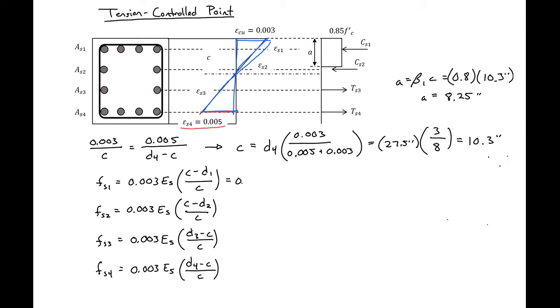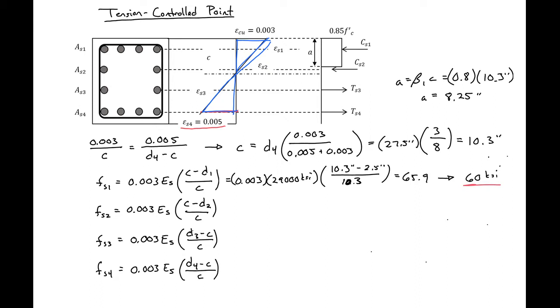So our first layer, 0.003 times 29,000 ksi, our stiffness, times our c, which is 10.3 minus 2.5, over 10.3, is equal to 65.9. So we'll use 60 ksi because we've yielded.